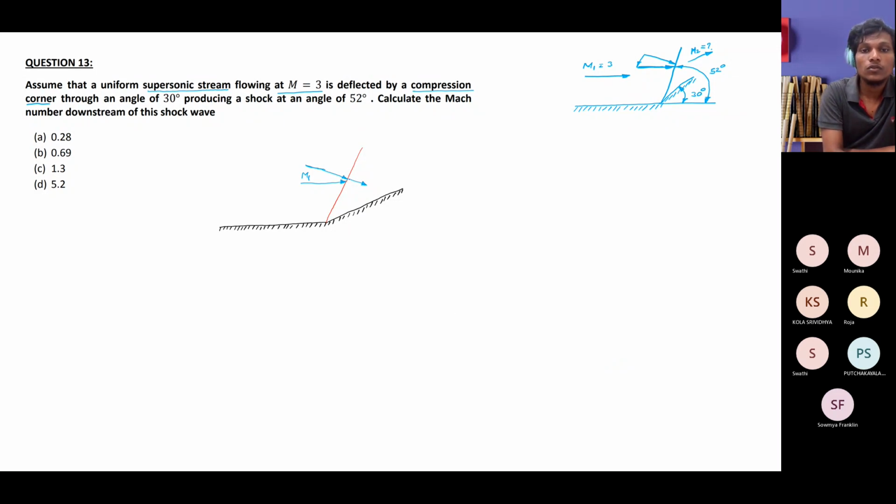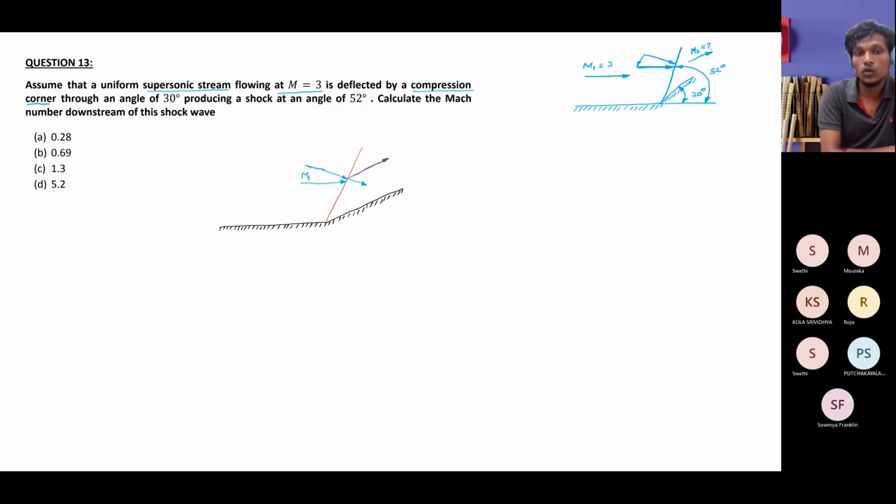This again you can resolve in this particular way, because flow always follows the solid objects.